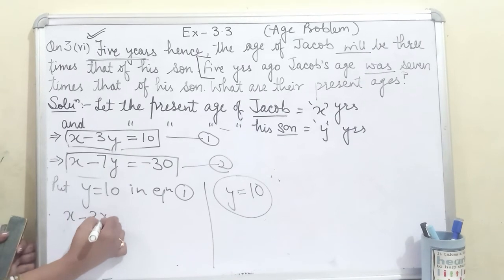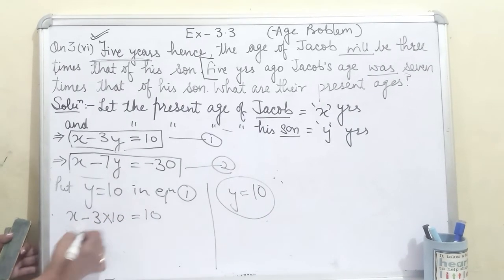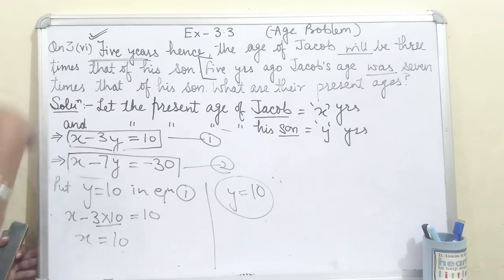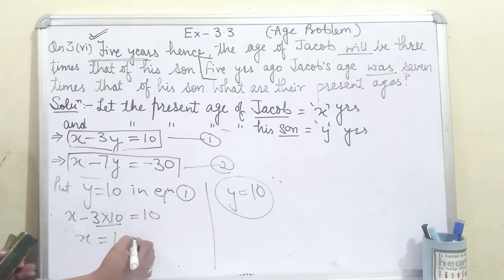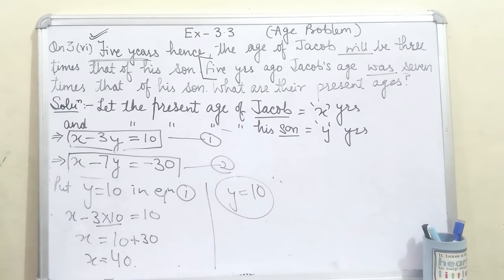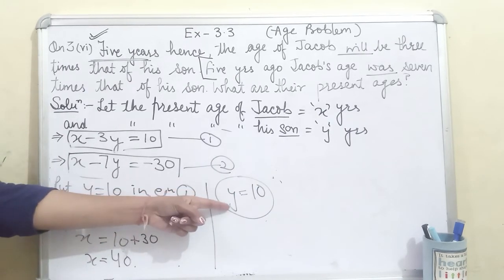X minus 3 into 10 equals 10. 3 tens are 30. And when we take it on the right hand side, I'll get plus 30. And x is equal to 40. So x is 40 and y is 10.